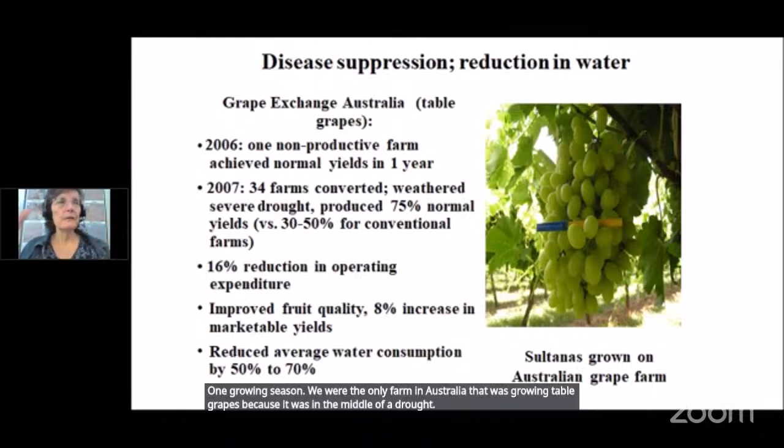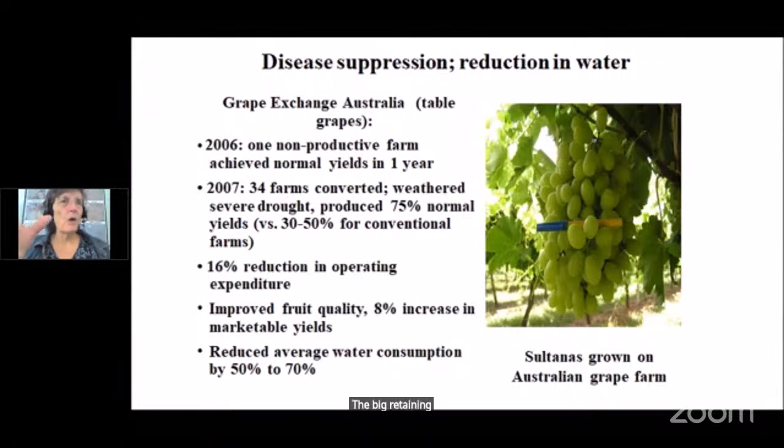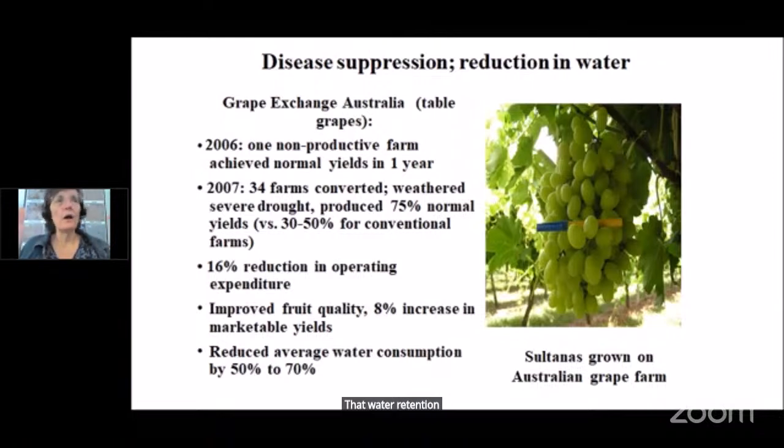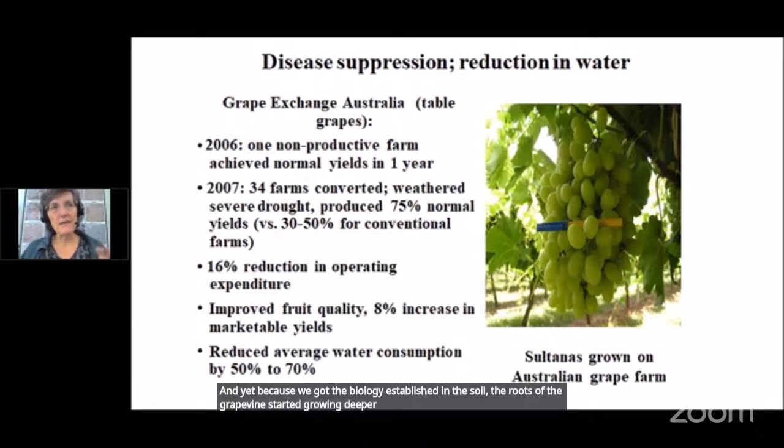The big retaining areas, the water retention areas on this farm were dry when we started in the growing season. In the springtime, we got barely any rain at all. That water retention area never had water in it through that whole entire growing season. And yet, because we got the biology established in the soil, the roots of the grapevines started growing deeper into the soil. They got to some of the water that was actually present deeper in the soil.